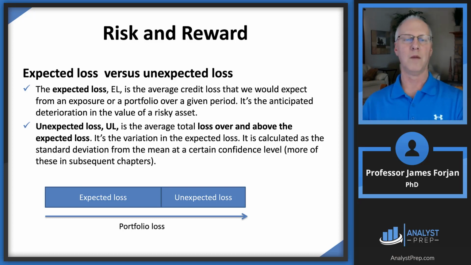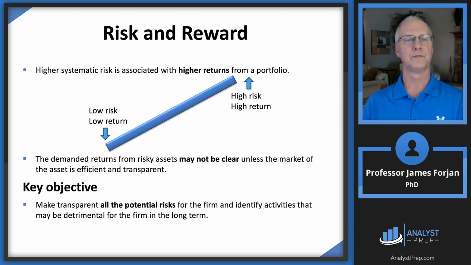And so modern portfolio theory gives us some good tools to manage the expected loss, but then we need to figure out some other ways to manage the unexpected losses. And of course, we're going to use some of the statistics that modern portfolio theory has developed to help us manage unexpected losses.